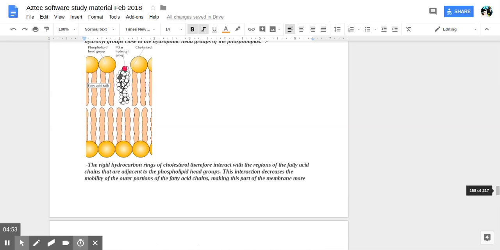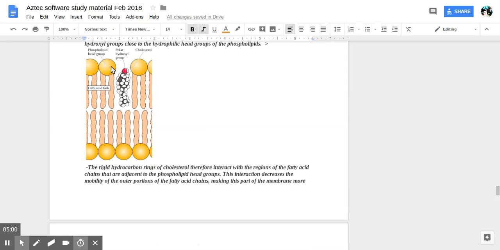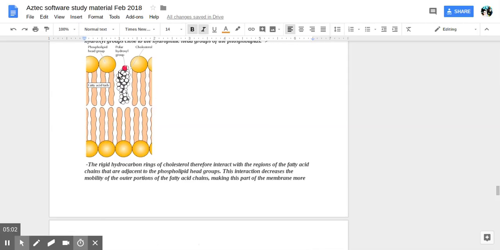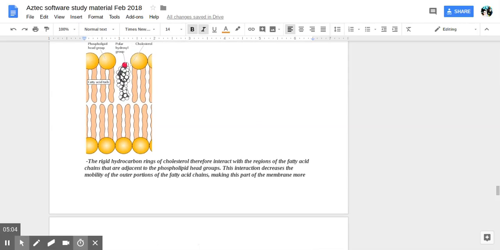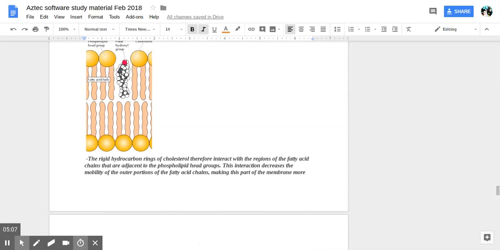Since the polar ends are not able to interact as well, the fluidity is decreased and rigidity is increased in the membrane.